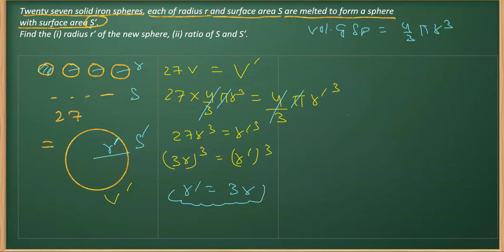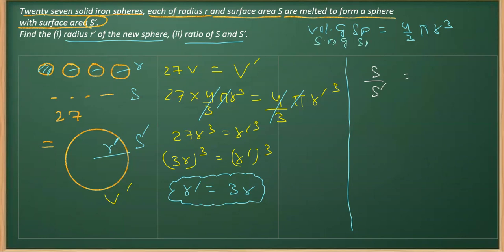This is what we had to get: the radius of this new sphere. In the next part, they're asking us to find the ratio of s to s dash. That means we'll be writing s and then s dash. Now, s is the surface area, and the surface area of a sphere has the formula 4 pi r square.